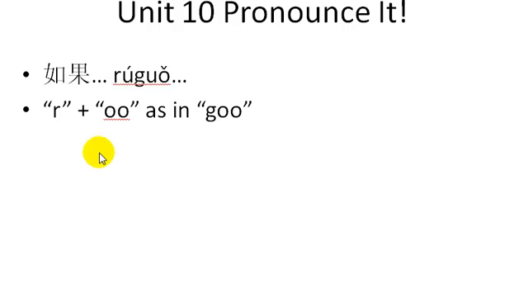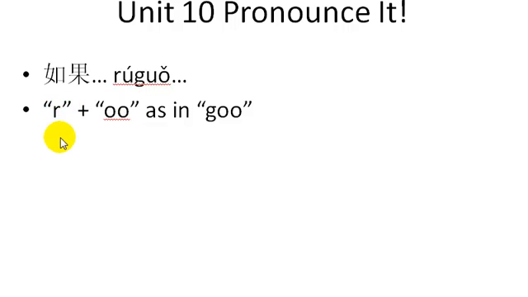All right, 如果. So 果 you know, but 如 you have to curl your tongue and then say u. When you curl your tongue and say the R sound, it kind of sounds like R-U. But then you add an u on the end. It's almost like saying kangaroo, except you curl your tongue.